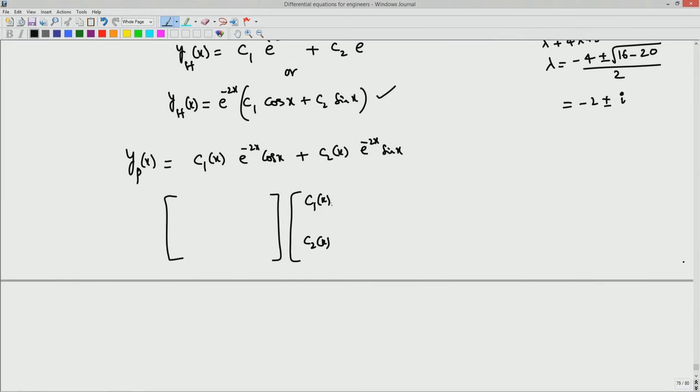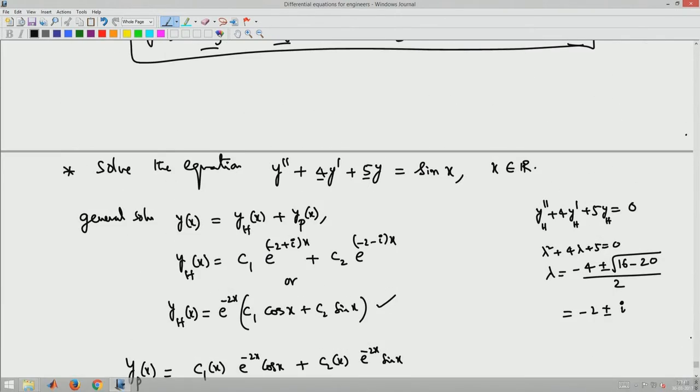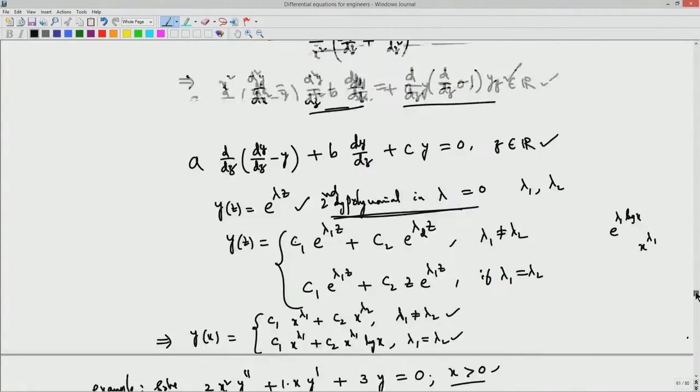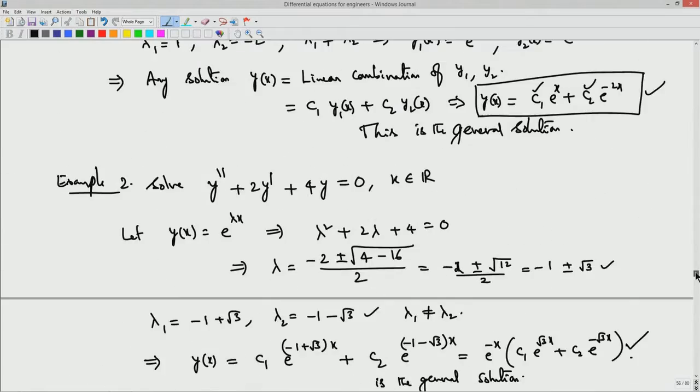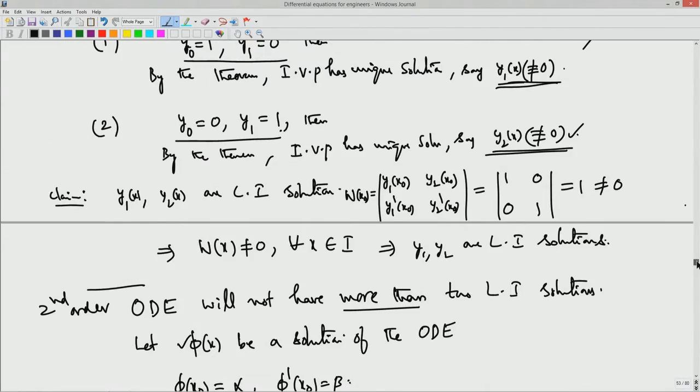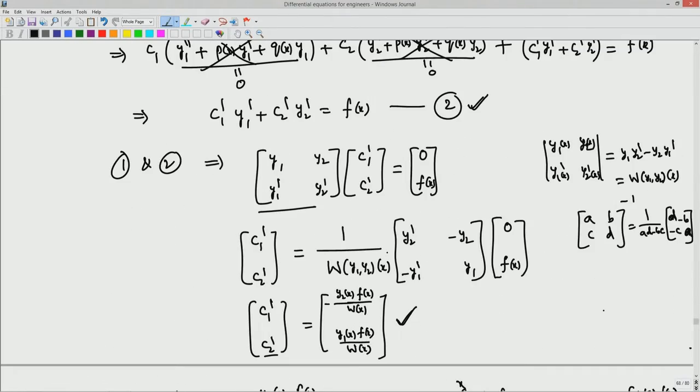The system has right hand side 0 and f, which is sin x, the right hand side of the given equation. If you go back and see the form for the particular solution, what you get is y1, y2 and y1 dash, y2 dash. This is the form you have.